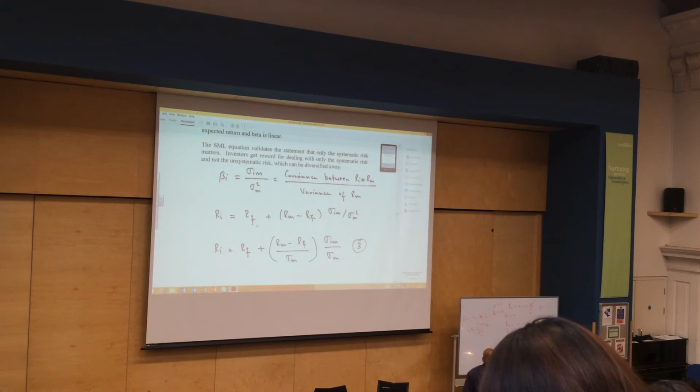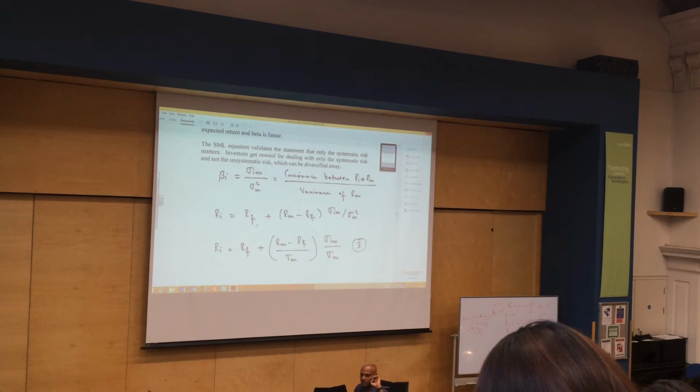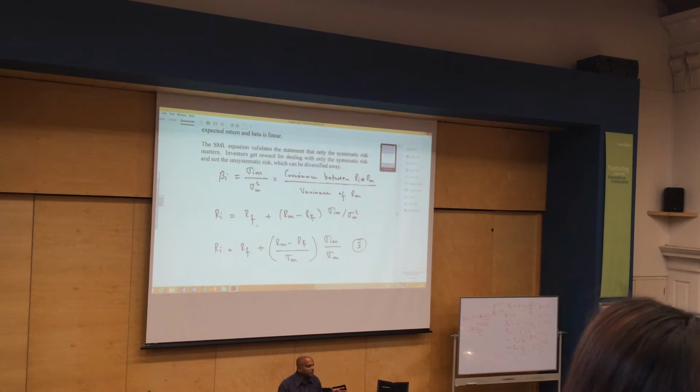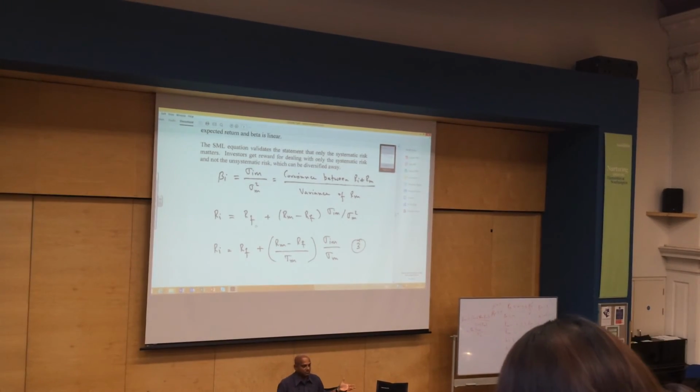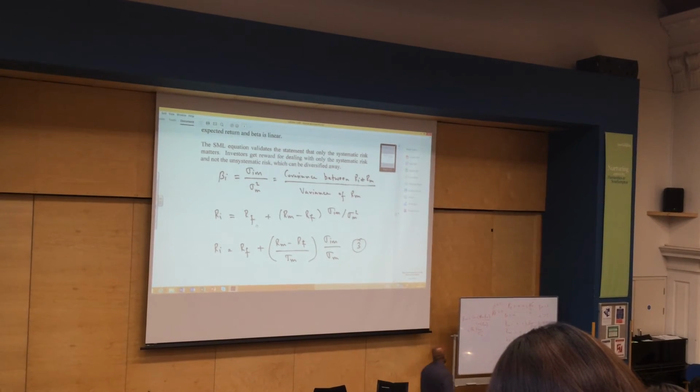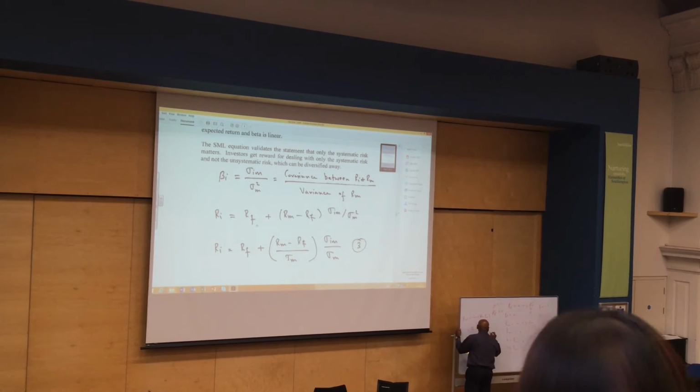Each asset has its own beta, its relationship with the market portfolio. Covariance, if you remember from last week, is the measurement of the relationship between A and B. Variance is dispersion. And this is equal to 1.